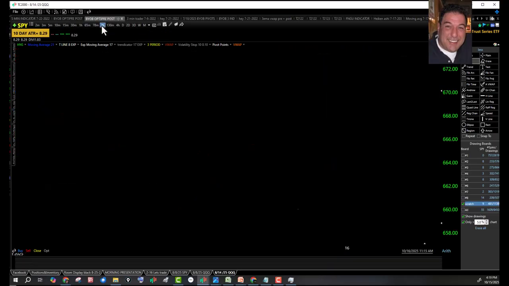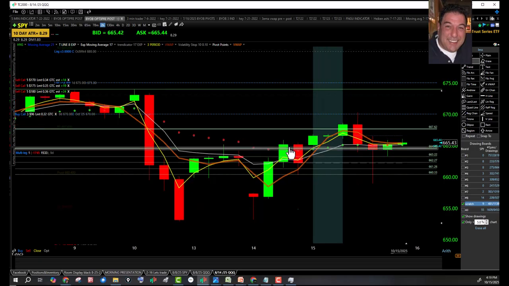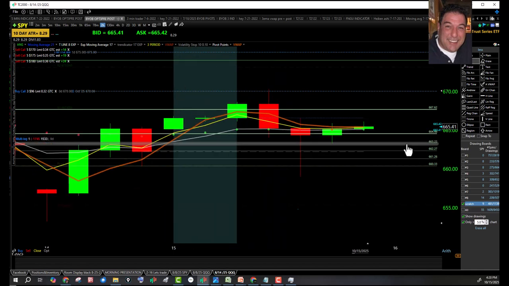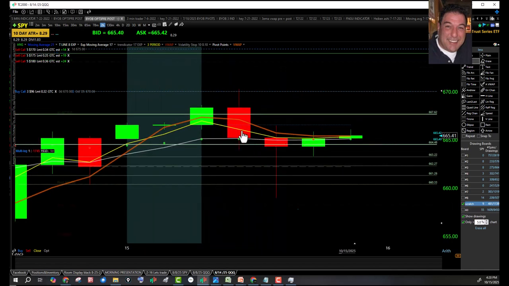Let's look at the 2-hour. Okay, and on the 2-hour, let's take the pre-market off. Actually, we can leave it on there. You got the 3. Okay, here's our 2-hour uptrend. The 3 is now crossed up over the 8 and is above the 8 now. So we have a 2-hour uptrend. Not a very strong one. There's not a whole lot of space between the 3 and the 8 EMA, but there is daylight.